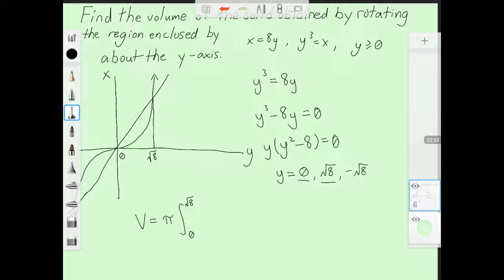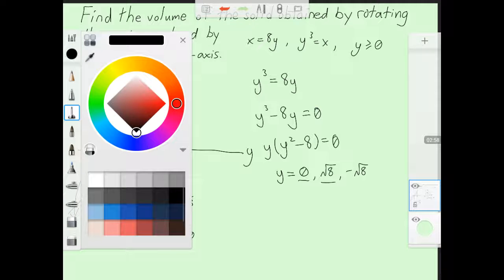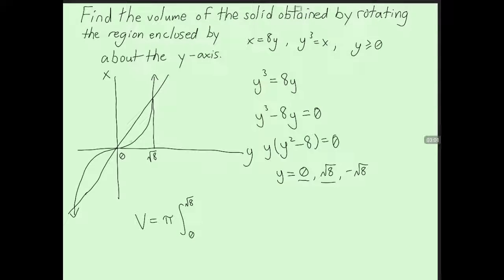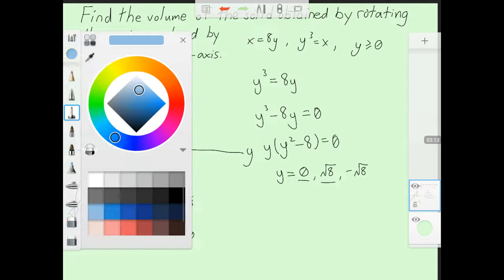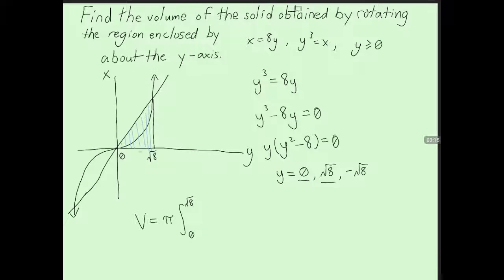So let me just sketch the process of that again. We have the area underneath this line, and if we rotate that around the x-axis, we're going to get something like this. We're going to get a cone, and it's going to be exactly a cone.